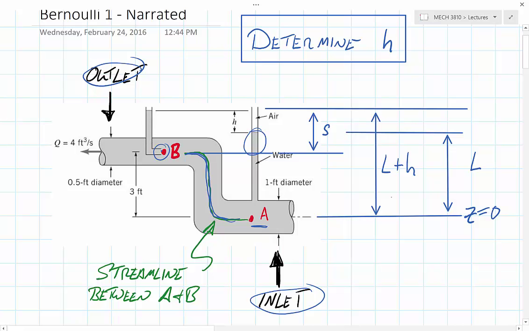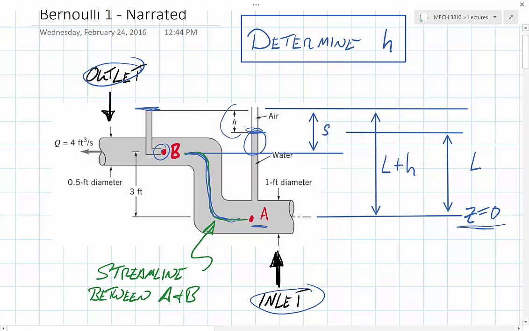Over here I've defined some variables. L is the height of the water above the static pressure tap, and L plus H is the height of the water in the stagnation pressure tap as measured from the zero datum.